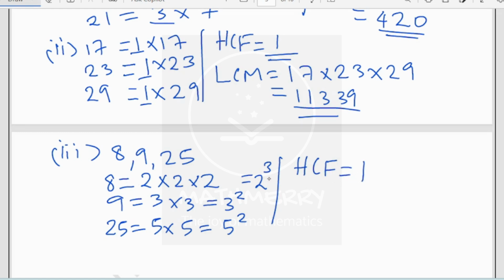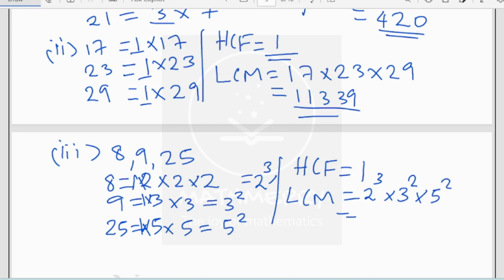If you want, you can multiply with 1 from the beginning itself: 1 into 3 into 3 and 1 into 5 into 5. You will get 1 as a common factor. That's unnecessary, but if you want to write it that way, you can do that. Now LCM, we just have to multiply all 3, that is 2 raised to 3 into 3 square into 5 square.